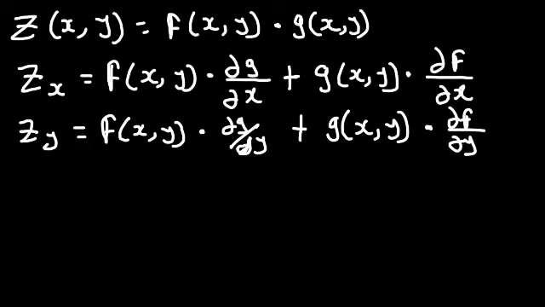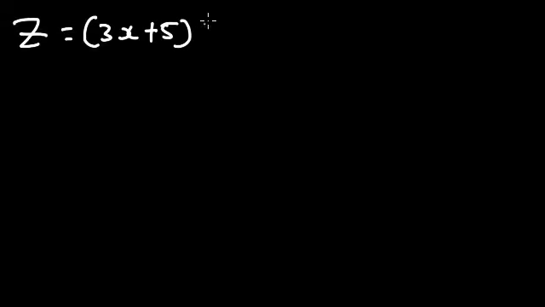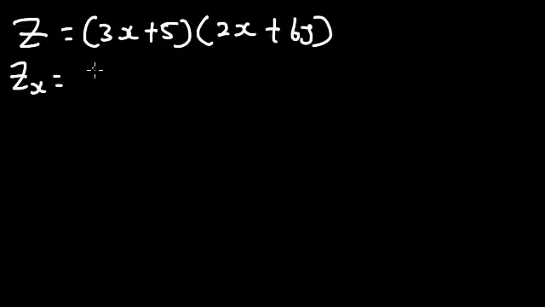Example number 1. Consider z to be equal to the product of 3x plus 5 and 2x plus 6y. So how do we find the partial derivative of z with respect to x?